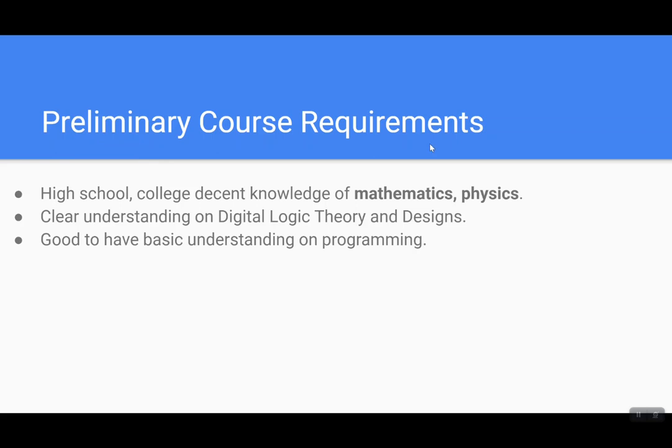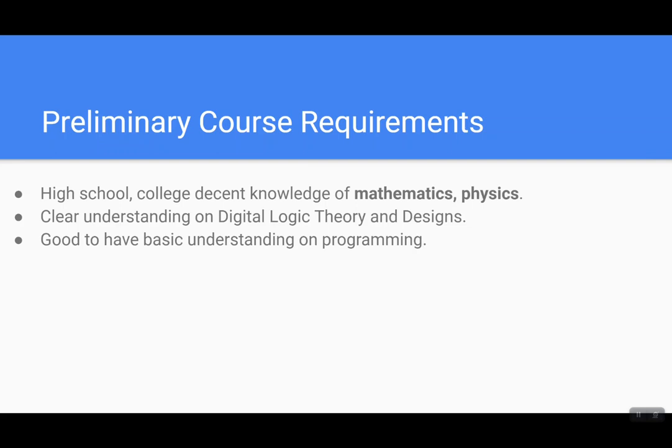The preliminary course requirement for this course is mathematics and physics, a decent knowledge up to the completion of high school, and a very good understanding of digital logic theory and design. So at least 2-3 courses before you take a course like this, and you should also have a basic understanding of programming in C or any other programming language, with more emphasis on C, Python or C++.